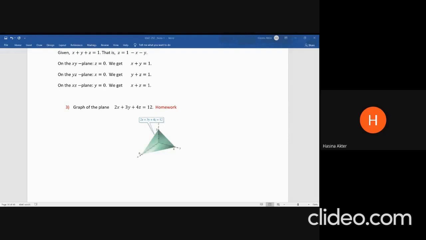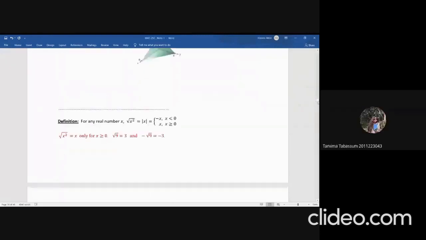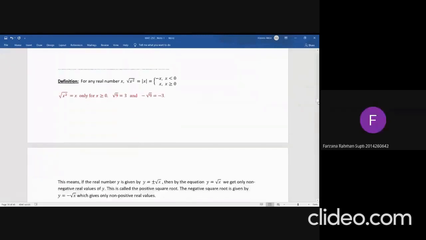Is it okay to you now, class? Yes, miss. Okay. I think we have discussed this. The square root of 9 is just plus 3, and the negative square root of 9 is minus 3.